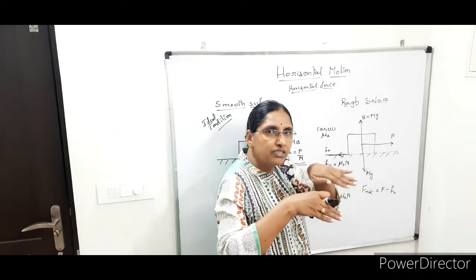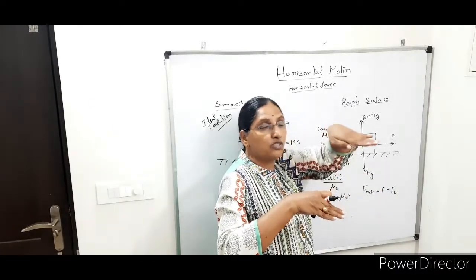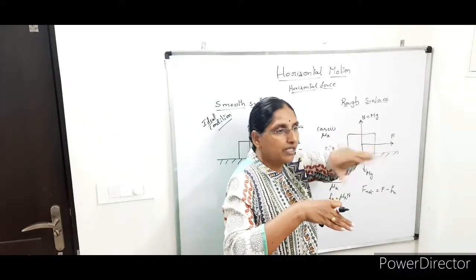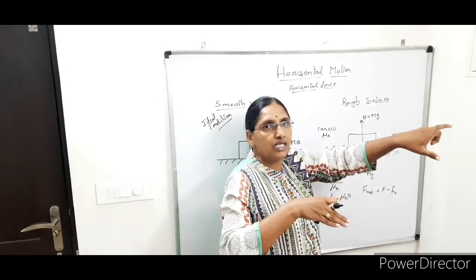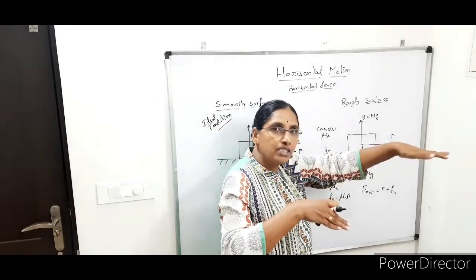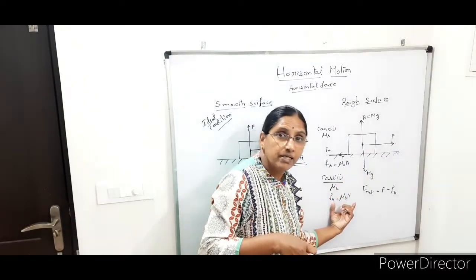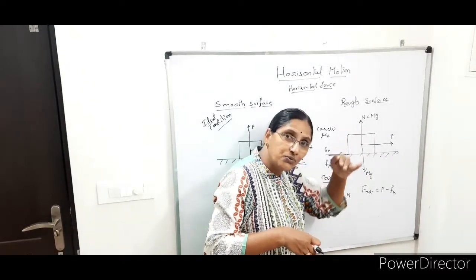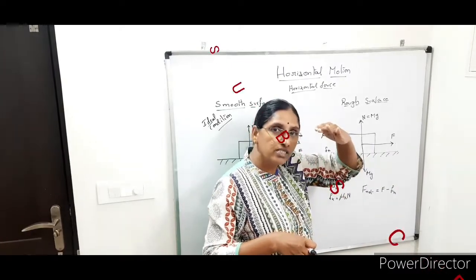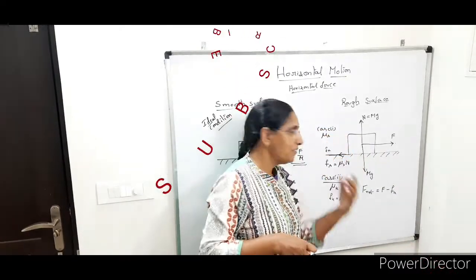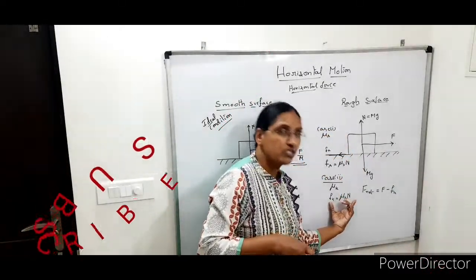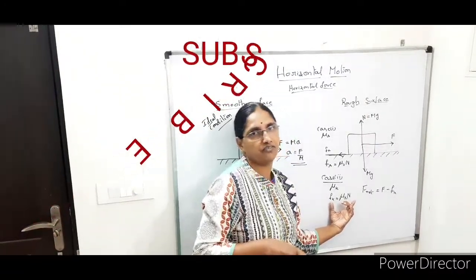So what happens? However much force you apply beyond that, the body starts moving. Once the body starts moving, the friction doesn't become zero, but it reduces. That reduced friction is called kinetic friction.